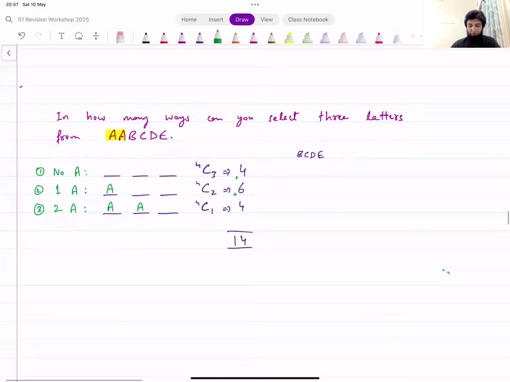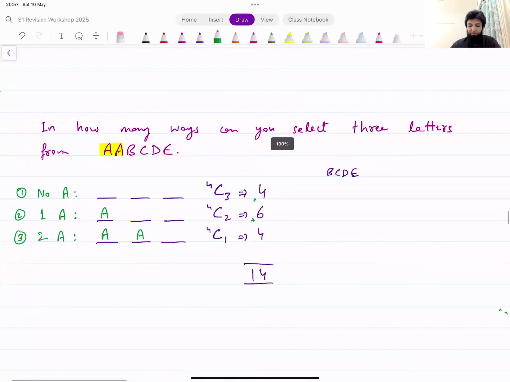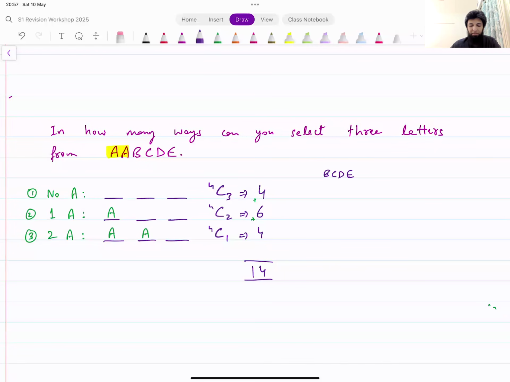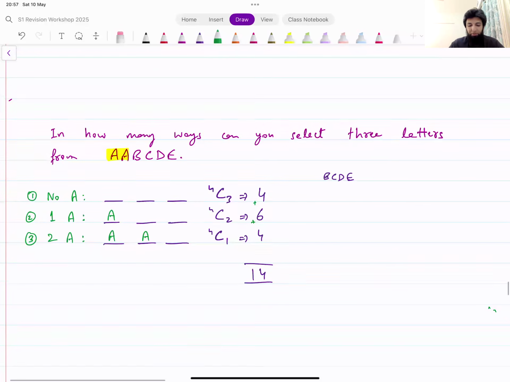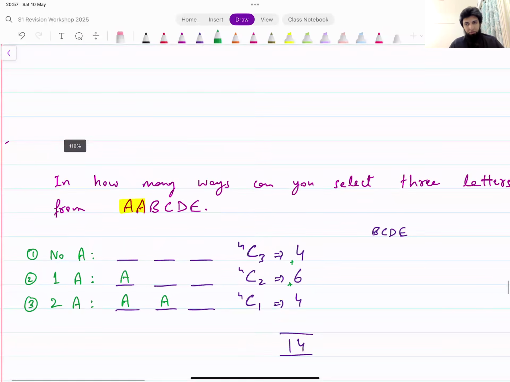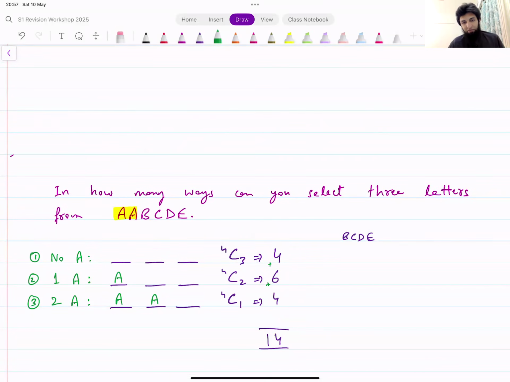For example, what if you got this? In how many ways can you select 3 letters from A, B, C, D, E? Now, in arrangements, when we had repetitions, we used to divide by the factorials to handle those repetitions.